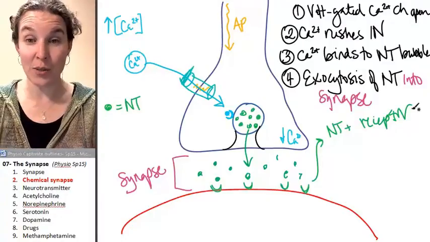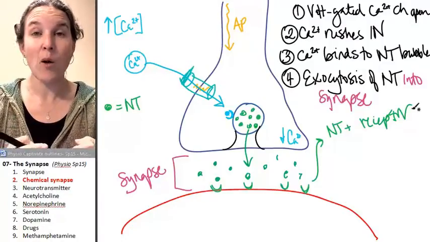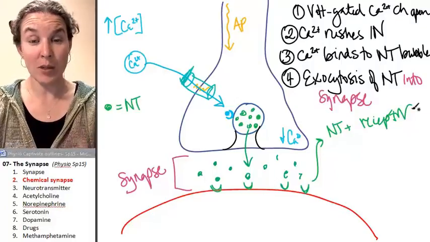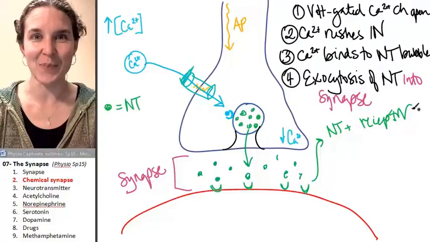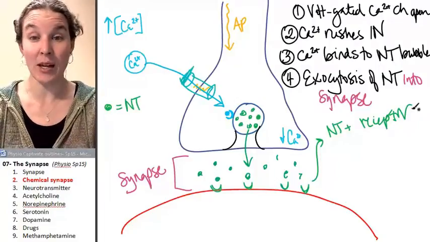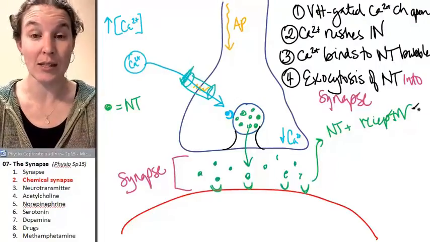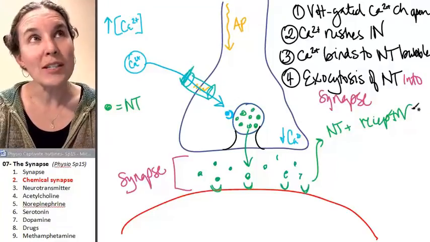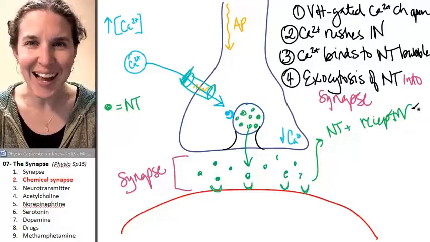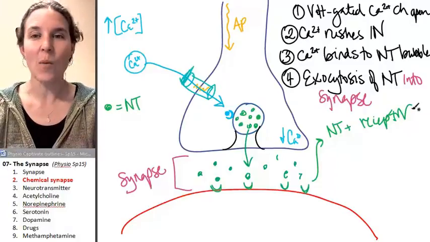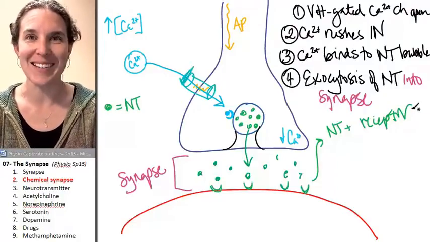Depends on your receptor, depends on the neurotransmitter, but you can actually stimulate the opening of sodium channels. What's that going to do? That's actually going to stimulate an action potential in the next cell. You could stimulate the opening of potassium channels. What's that going to do? Oh my gosh, what a cool application question that would be.